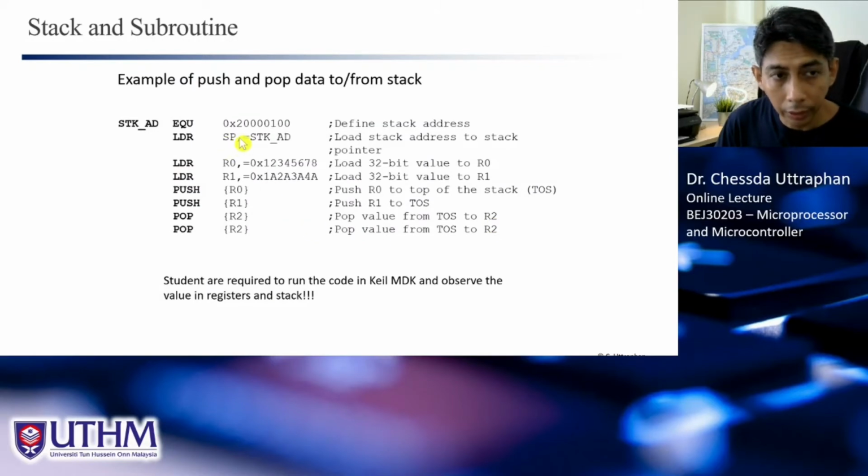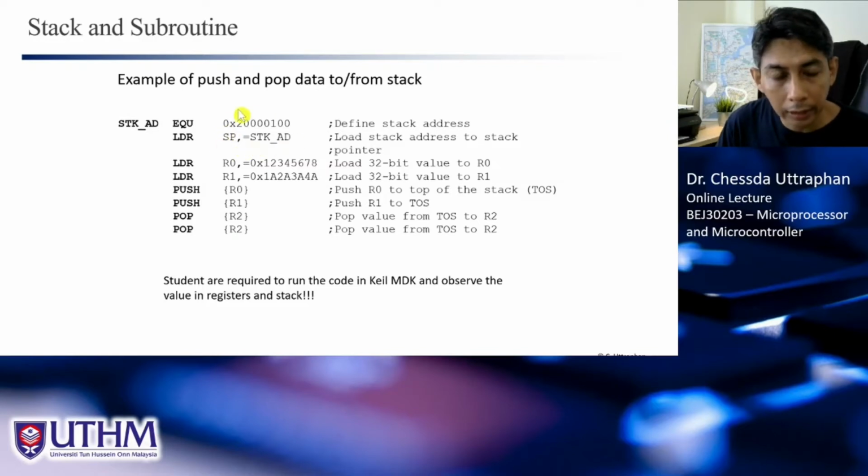Right? So in this case, we need to define in our program where our top of the stack is, or the address of the stack. So we define it at this memory location, and we need to load it into the SP. The SP is the stack pointer.